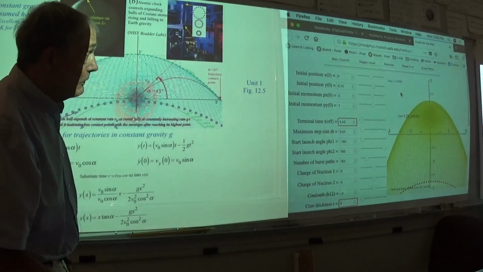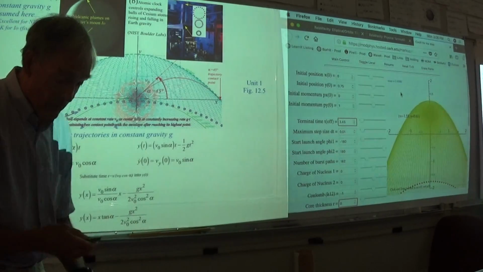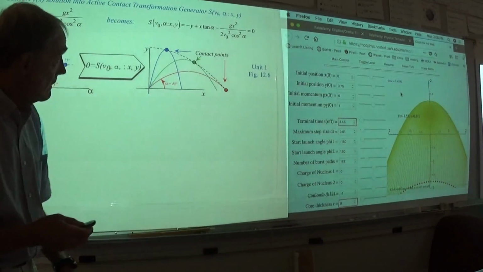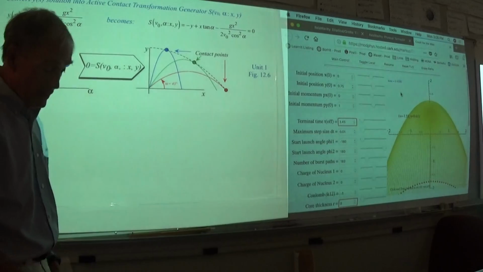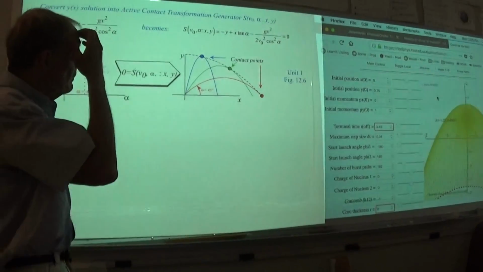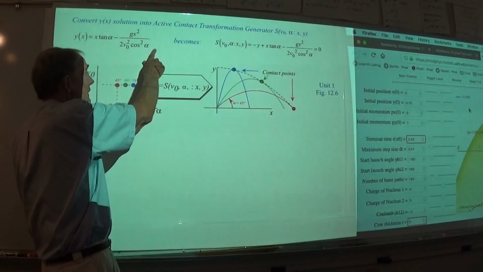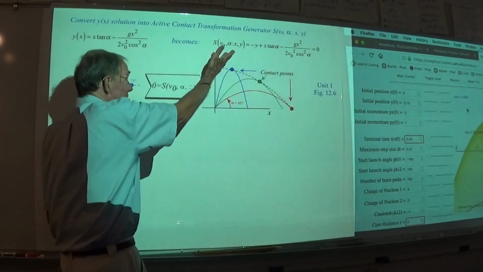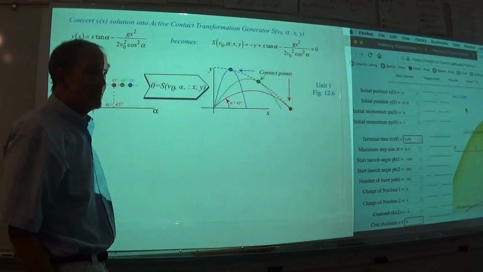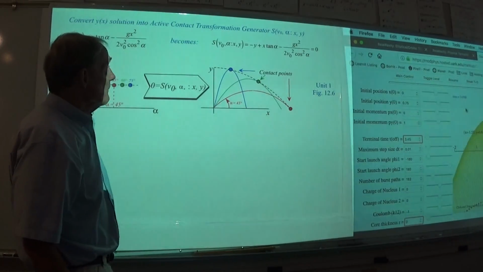Now, I'm going to jump ahead here one step, and also over here, so you can see it from both sides of the room. Very important part. I'm taking this luxury and making immediately my generating function. Okay?